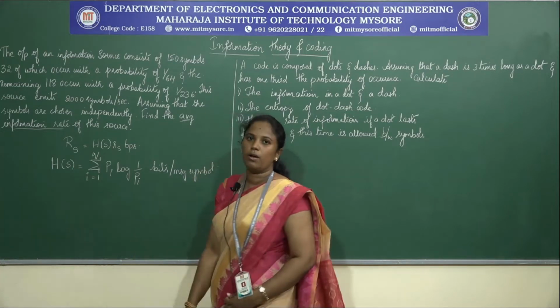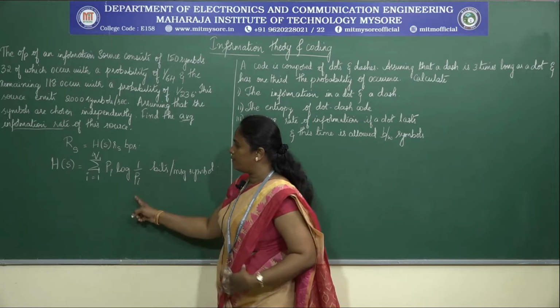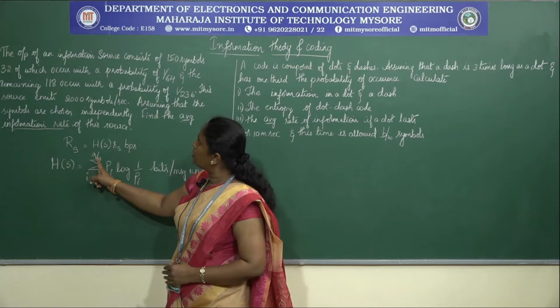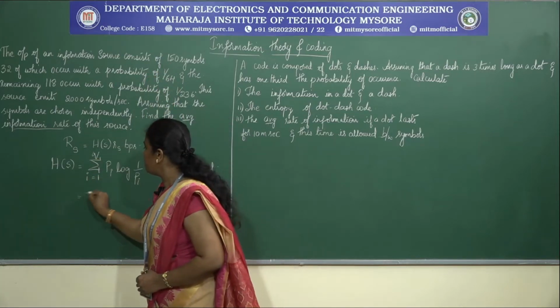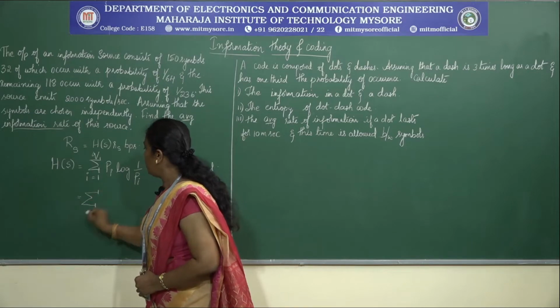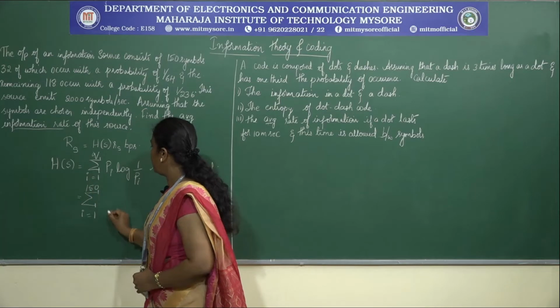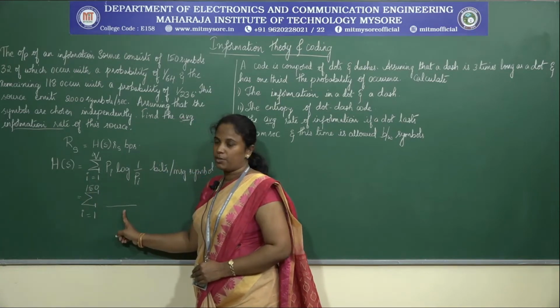This is the formula we require to calculate the entropy. Now how many symbols are emitted? The total number of symbols emitted is 150. So the summation varies from i equal to 1 to 150, and corresponding to that we need to substitute the probability here.